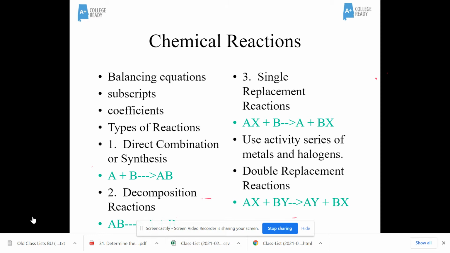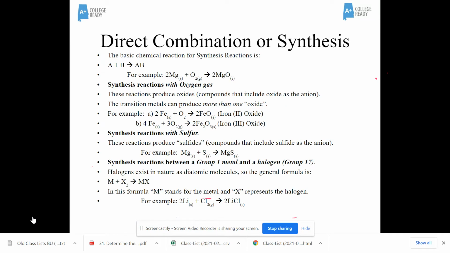This is what we did in the empirical formula lab, where we take an element like magnesium, we take a compound like HCl, and the magnesium and the hydrogen switch places. And we make two new compounds and an element. We have double replacement reactions, and this is where you have two compounds and everybody switches partners, and you make two new compounds. Okay? I think we may come back to this later at the end.